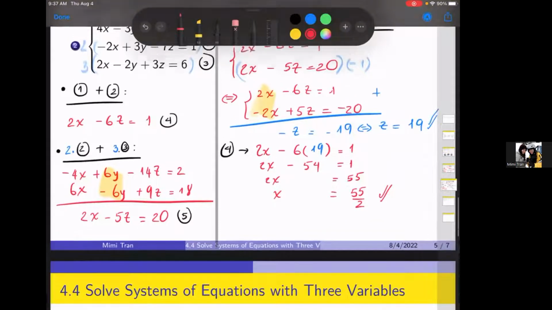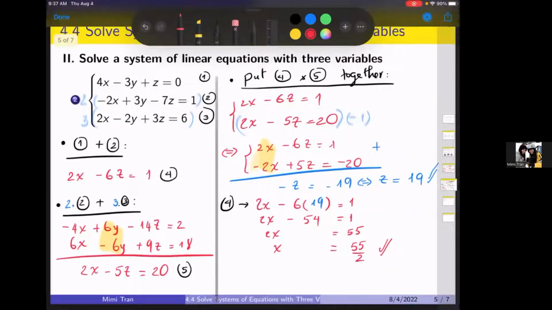Now, something wrong. Negative 6 times 19. 6 times 19 is 54 or something. Yeah, I put 6 times 9.